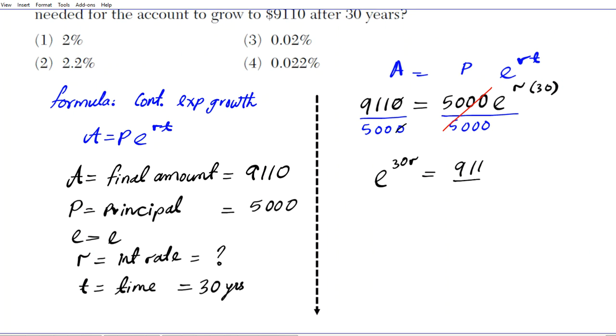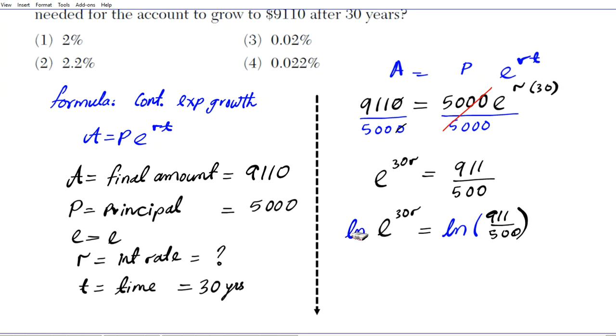That's easy. 911 over 500. To get rid of e, we're going to use its inverse, which is natural logarithm. So natural logarithm of e to the 30r is equal to the natural logarithm of 911 over 500. So now we can call on the help of our calculators.